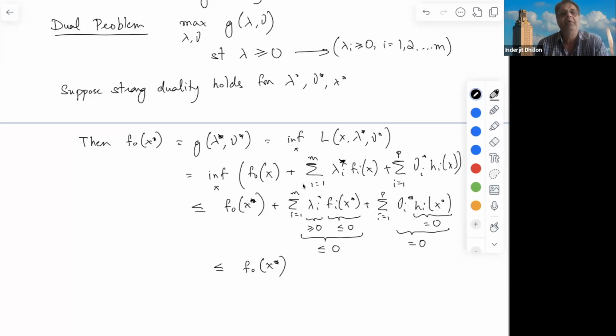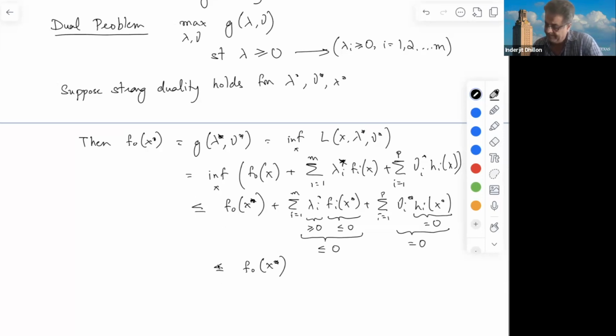But what have I done? I have basically shown that f naught of x star, through a sequence of inequalities, is less than or equal to f naught of x star. So what does that mean? That means that this is not just a less than or equal to, but actually an equality, and so must this be an equality.